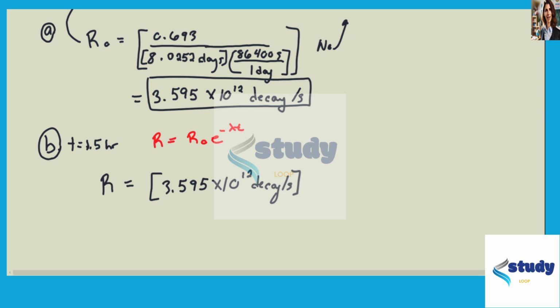And now we have e to the negative, and we're just going to make it a little bit bigger so we can see it. 0.693 divided by 8.025 times 86400 seconds.